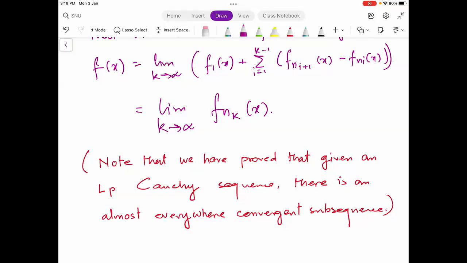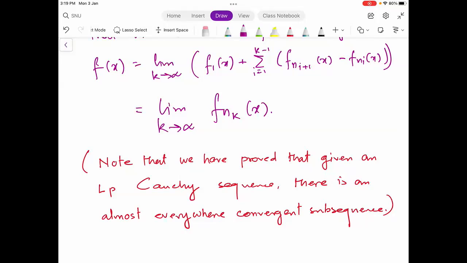So that's the first thing. You will see that almost everywhere is such a strong mode of convergence that it will automatically imply it's in LP, because each FNK is in LP. What do we know? Each FNK is in LP, and FNKs converge to F. So I have an LP sequence which converges almost everywhere to something.